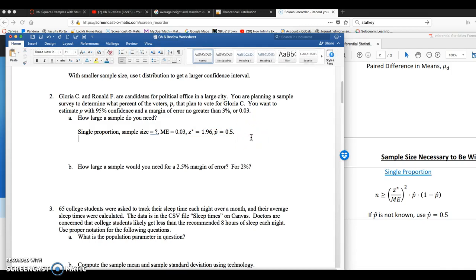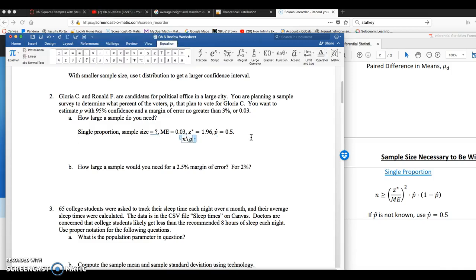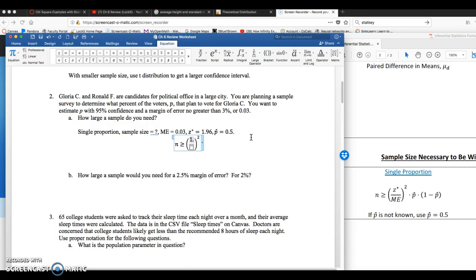So if I put this all together, I know that the sample size n has to be greater than or equal to, just to fill in the formula, 1.96, that's the z star, over the margin of error, 0.03, squared. And then we're going to multiply this times 0.5 times 1 minus 0.5, which is another 0.5.